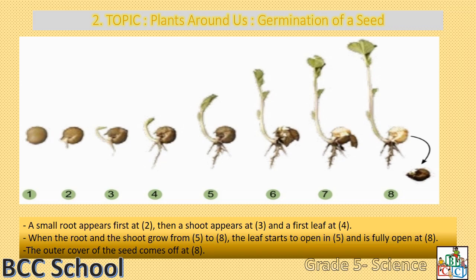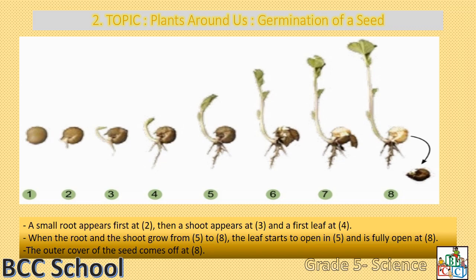When the root and the shoot grow from 5 to 8, the leaf starts to open in 5 and is fully open at 8. We can see in the picture from part 5 to part 8, the root and the shoot are growing. And in part 5, the leaf starts to open.